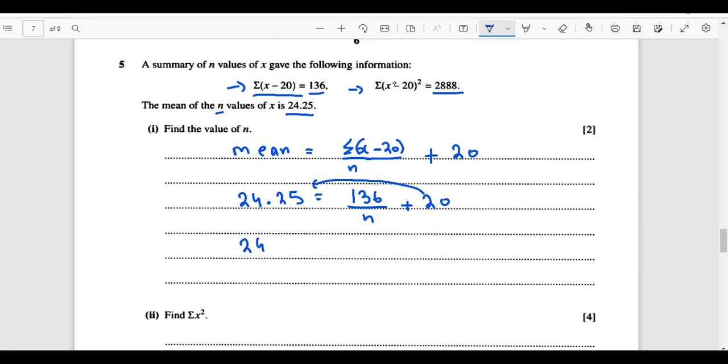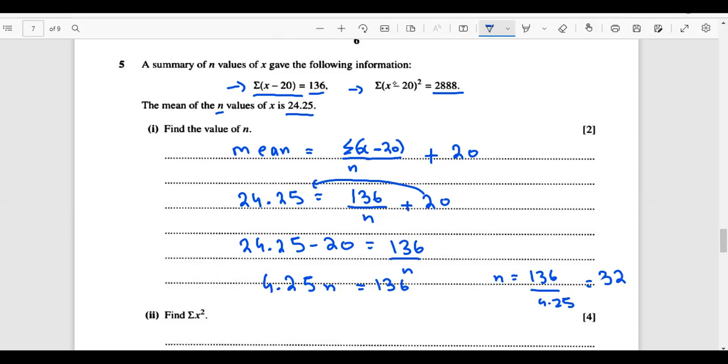This would become 24.25 minus 20 equals 136 over n. And this would be 4.25 n equals 136, and n is going to be 136 divided by 4.25, and the answer is what? It should be 32. Just make sure you are getting 32 or not. Yeah, it is. Okay, very good.